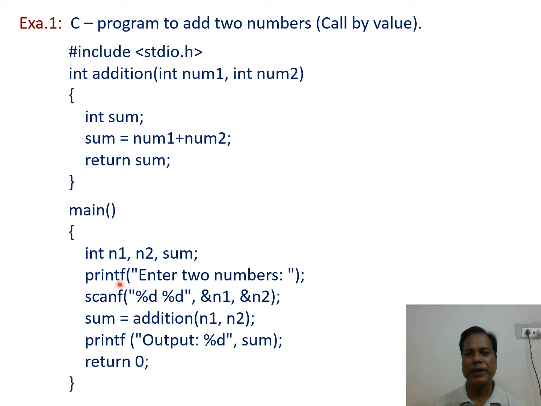The next statement, printf("Enter two numbers:"), is displayed on the output screen so the user finds out what is to be done. The user enters the two numbers, which are taken in by the scanf function and stored in the variables n1 and n2.